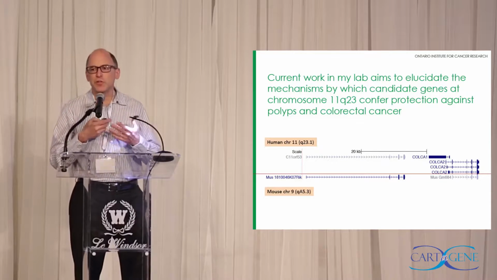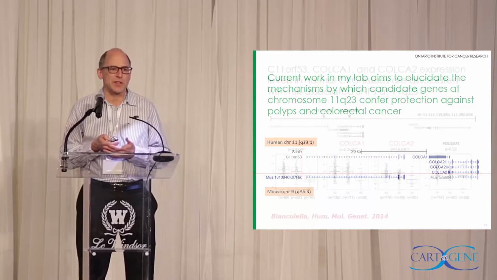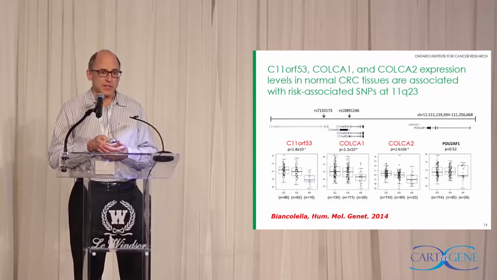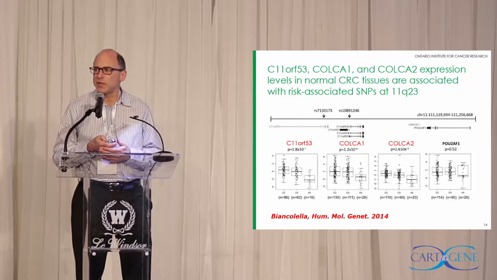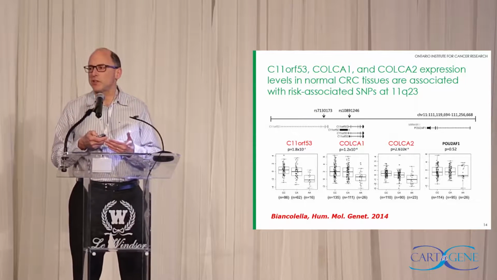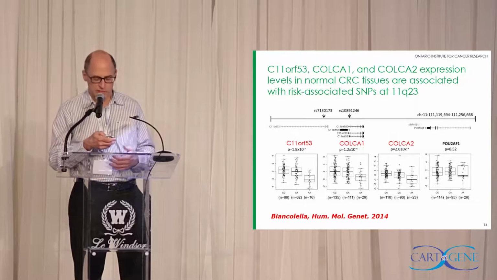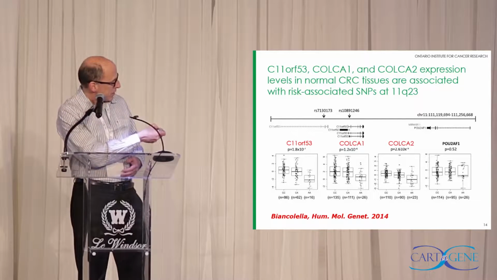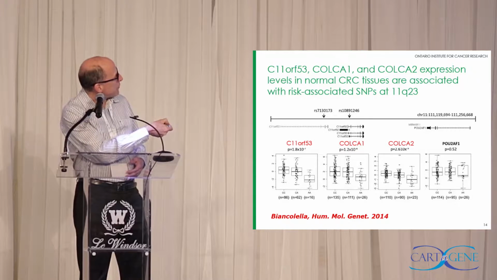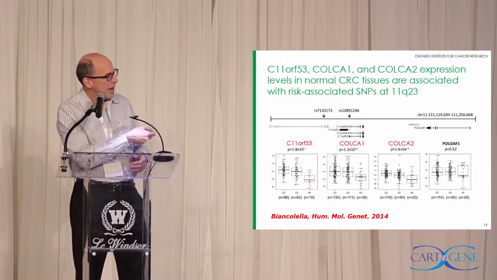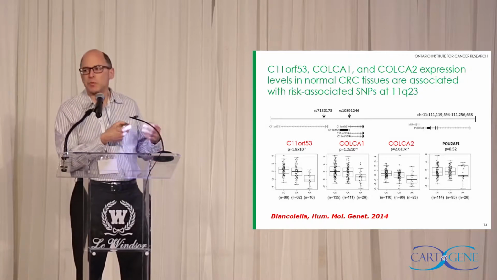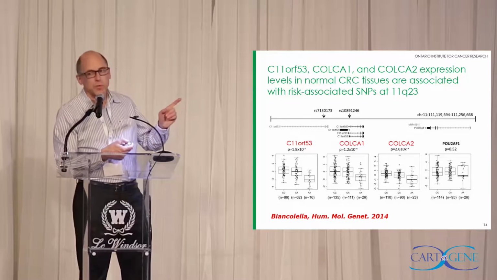So we first started doing expression studies, as were mentioned by Stephen this morning, looking for eQTL. And for all 3 genes, you can see the genotype correlates with different levels of expression. So for ORF53, COLCA1, and COLCA2, having the protective genotype, you express higher levels of all 3 genes.